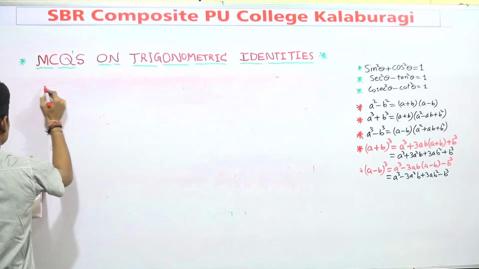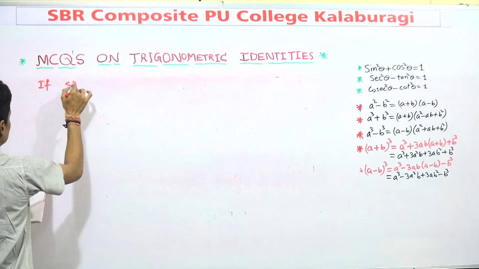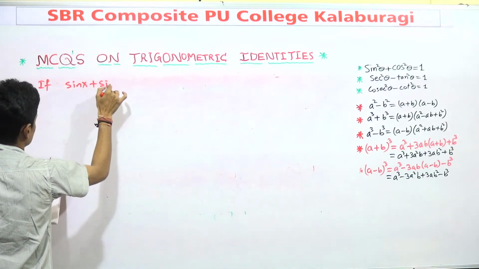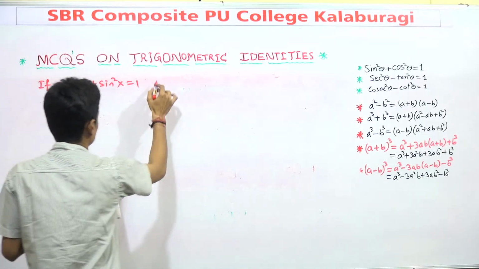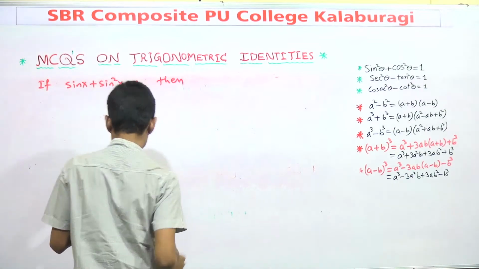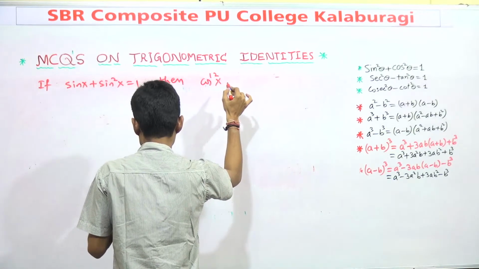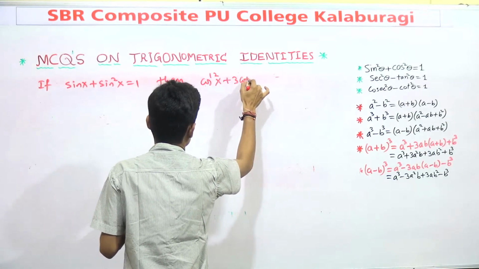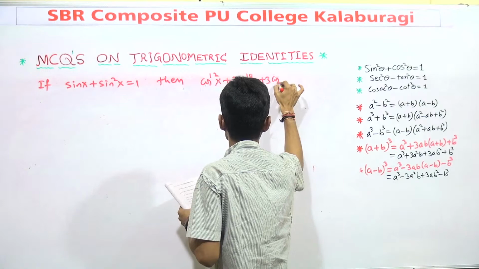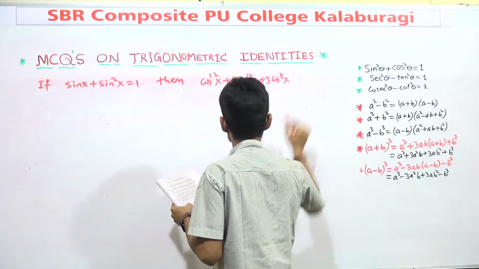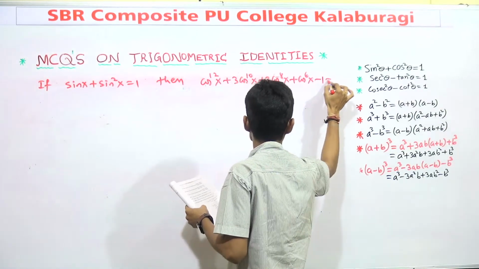Here they have given some condition. If sin x plus sin square x equal to 1, then the question is cos power 12x plus 3 times cos power 10x plus 3 times cos power 8x plus cos power 6x minus 1 equals.